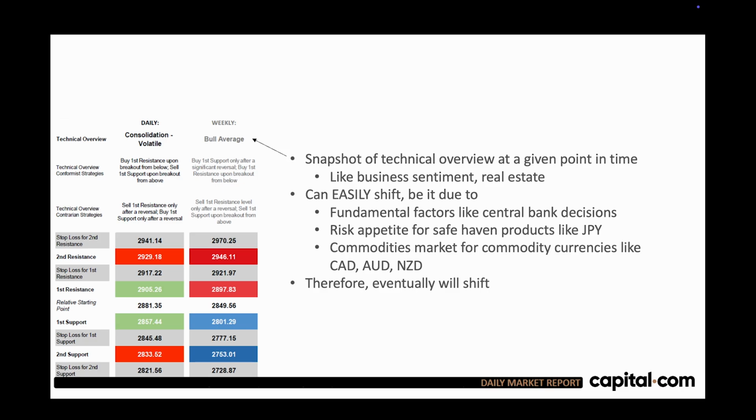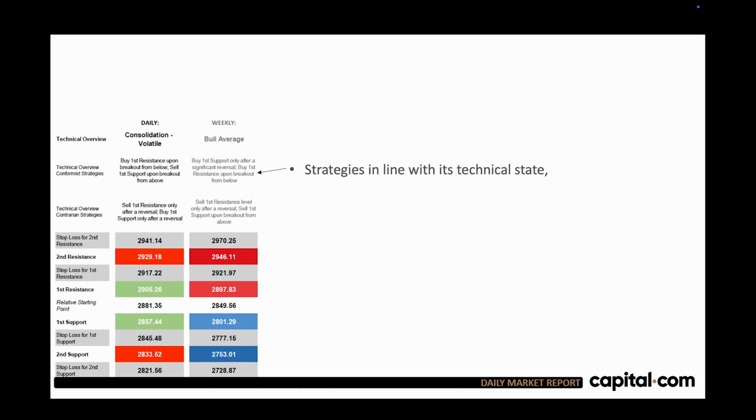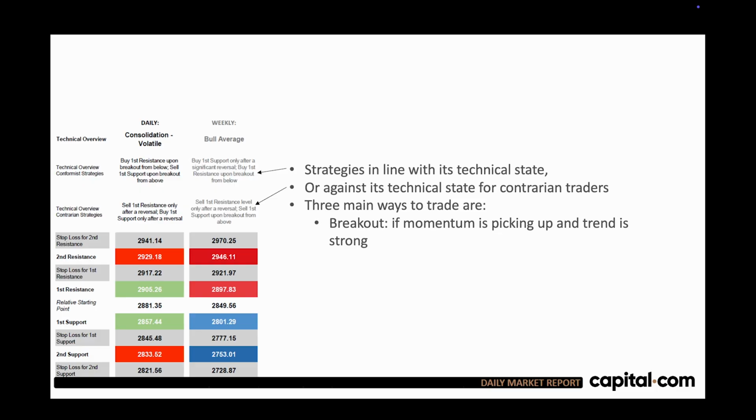And it's here, strategies. Either they're going to be in line with its current technical state, or you'll be going against its technical state for contrarian traders. So either conformist or contrarian. And there are three main ways to trade. I mean, the strategies are going to be set there, but three main ways in which you can trade a level. When price approaches it, you can either go for a breakout, so you're going with the move if momentum is picking up and the trend is strong, or you see an uptick in volatility.